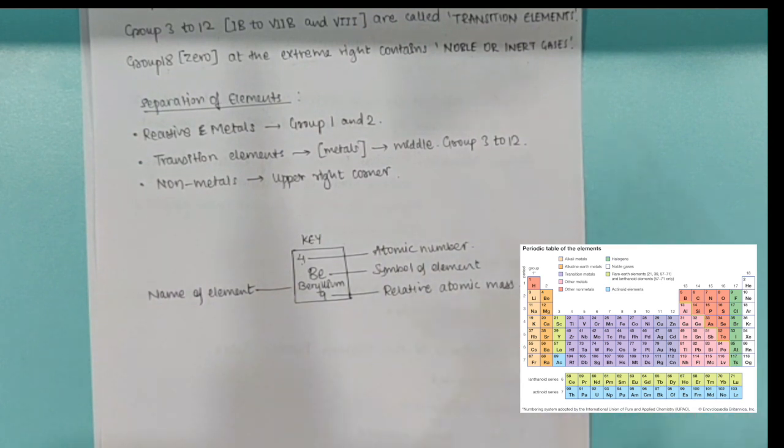So this is the way you have to read any key element in the periodic table. So this was all about the fundamentals of the periodic table. In the next videos, we will dive more into the chapters wherein we'll be learning more about the elements and their properties according to the groups and periods.